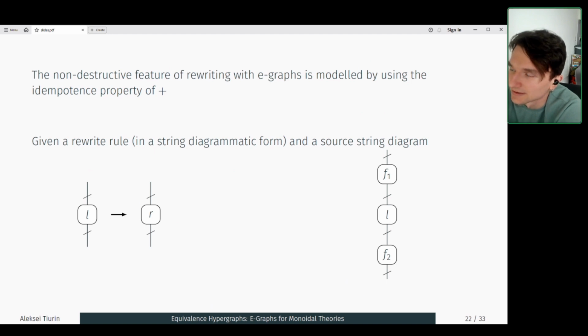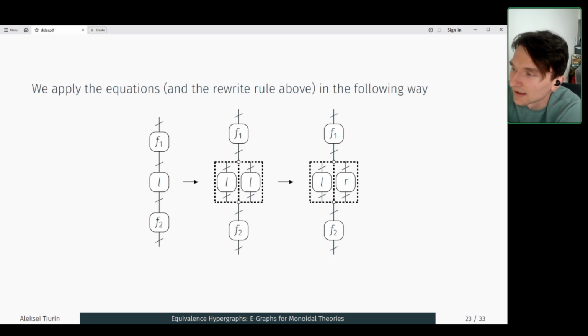So given a rewrite rule in string diagrammatic form from L to R, and some string diagram that can be read as the left-hand side of the rewrite rule, we can first use the idempotence equation to duplicate the L, and then use the rewrite rule to rewrite one of the copies of L into R. You can also notice that if we were to try to apply the same rewrite rule again, we would end up with two copies of R. And again, by using the idempotence equation, we can reduce two copies of R into one copy.